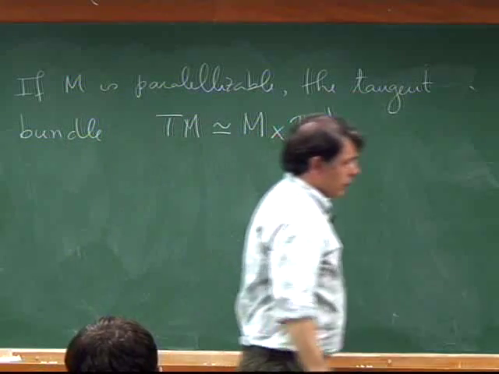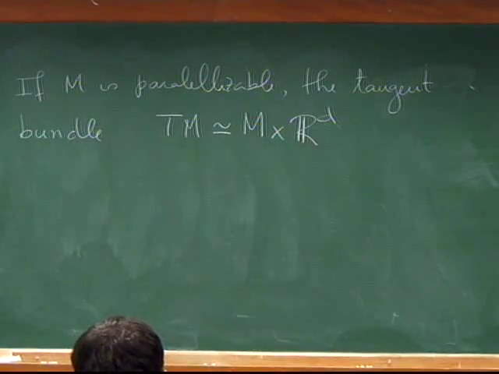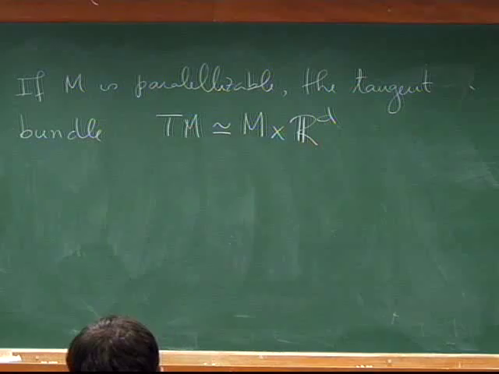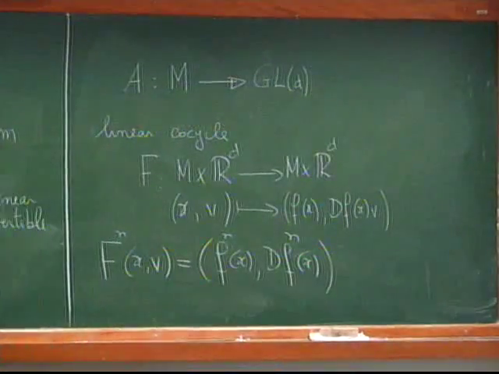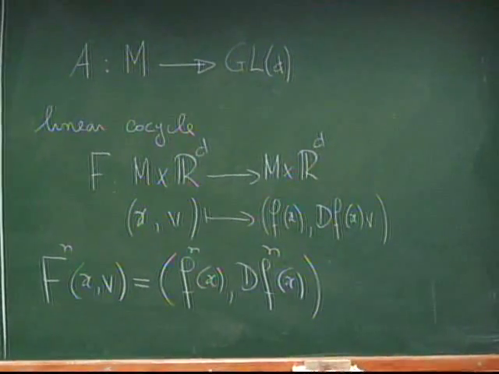And that's precisely what happens here. This works because for the torus, the tangent bundle is the product of M by Rd.